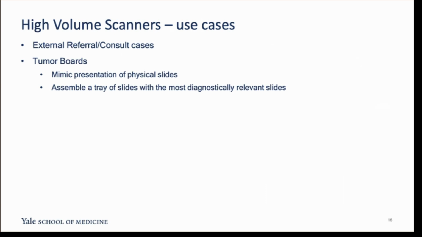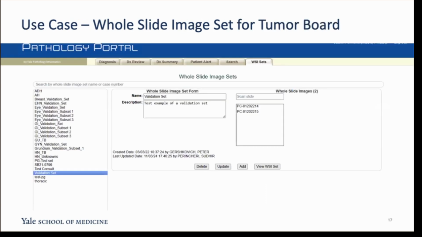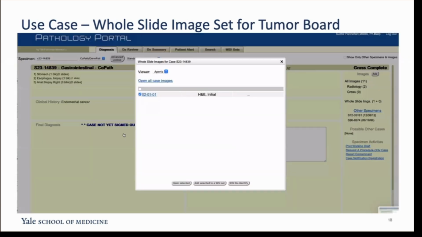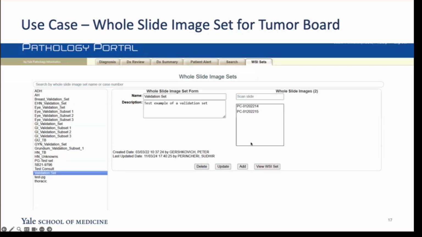In order to do that, we had to come up with a solution where we could assemble a tray of slides from different cases that had the most diagnostically relevant tissue. And we again deployed this tool within the context of Pathology Portal. So within Pathology Portal, we added a new tab and we call it whole slide image sets.